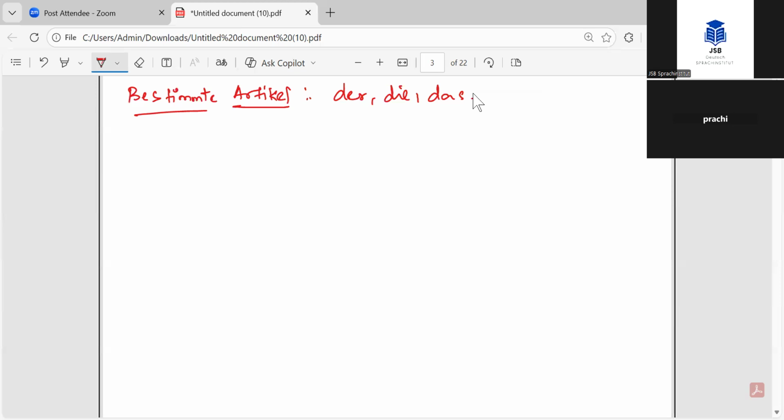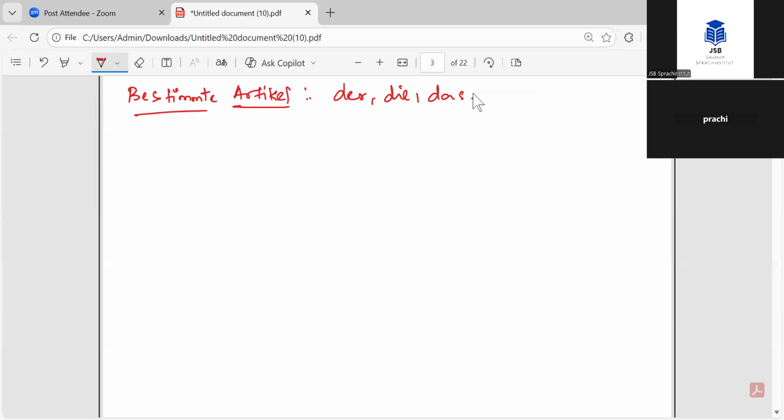Now we can use it whether we are talking about the subject, in the nominative; whether we talk about a direct object, we use it in the accusative; if we talk about an indirect object, the dative. And if we talk about any belonging or possession, we go ahead with the genitive.